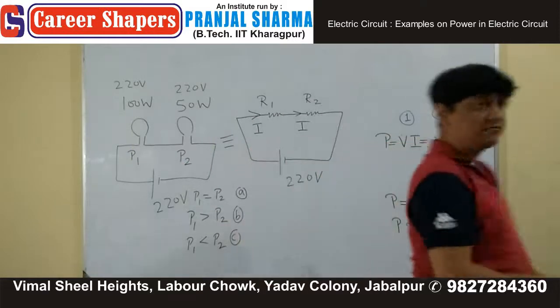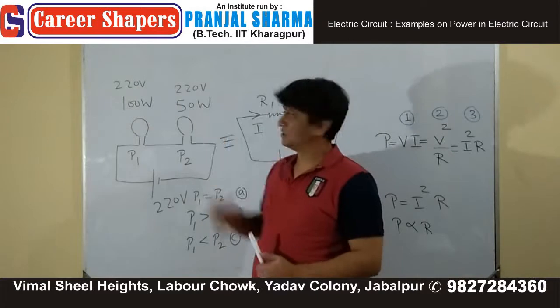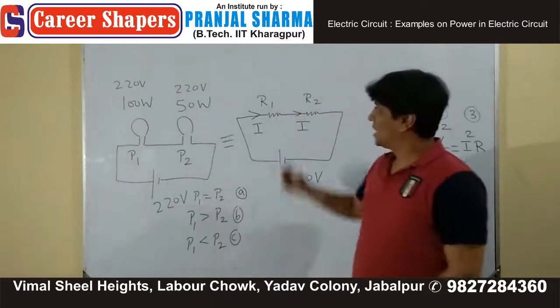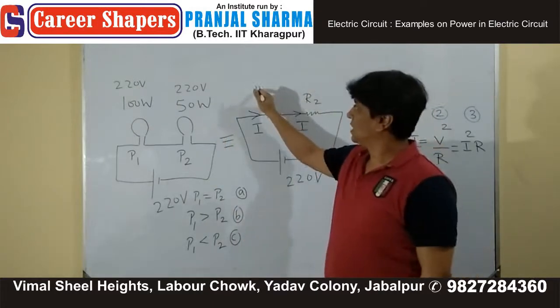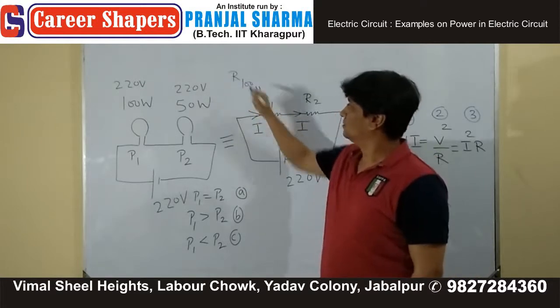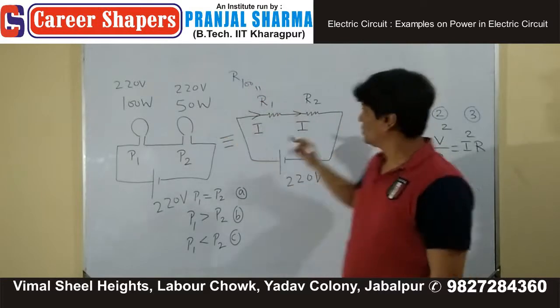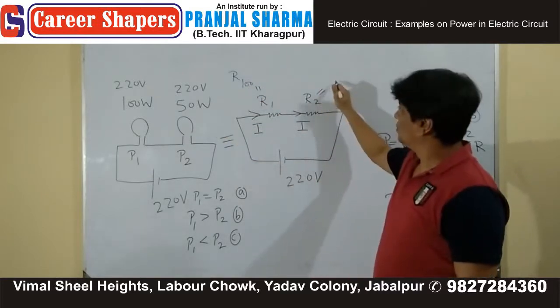Now, the only thing left is finding their resistance. So what is R1? R1 means resistance of the 100 watt bulb. What is R2?